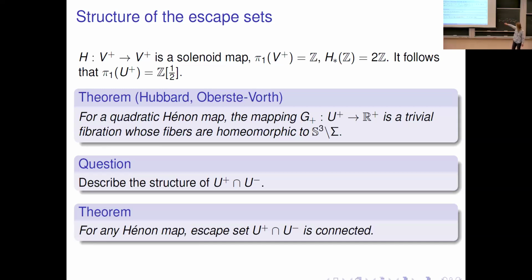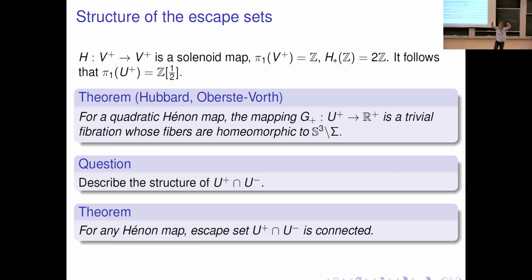And in general, this is the description of U plus. The description follows from the inductive limit. We have a torus that's mapped inside of the torus, and we take the inductive limit. So you can think of S3 as two tori glued together. And you have a torus, and you have this extra torus.